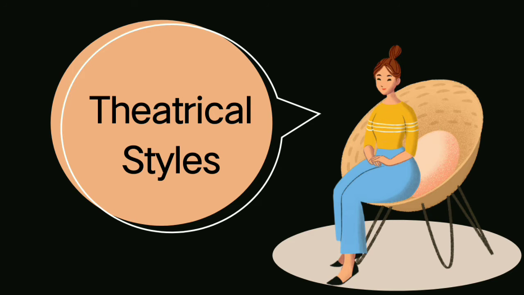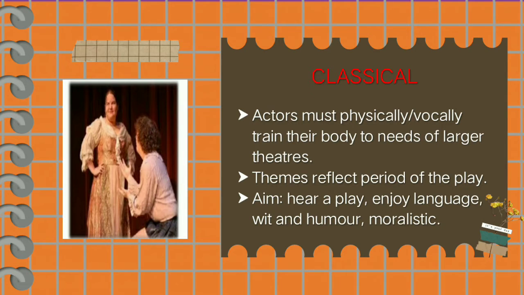So now let's proceed to the theatrical styles. Let us discuss first the classical. In classical, the actors must physically or vocally train their body to the needs of larger theaters. Themes reflect the period of the play, and the aim of classical is to hear a play, enjoy language, wit and humor, and moralistic.